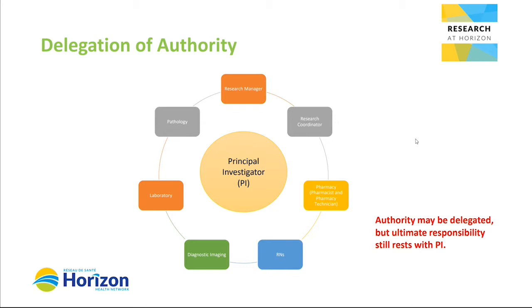Each duty has a start date and end date and should be signed off by both the PI and the individual delegate. If a staff member performs a duty that is not appropriately delegated, that is considered a major protocol deviation or GCP violation. As you can see in this diagram, there are multiple individuals and department group members that play specific roles for their research study.